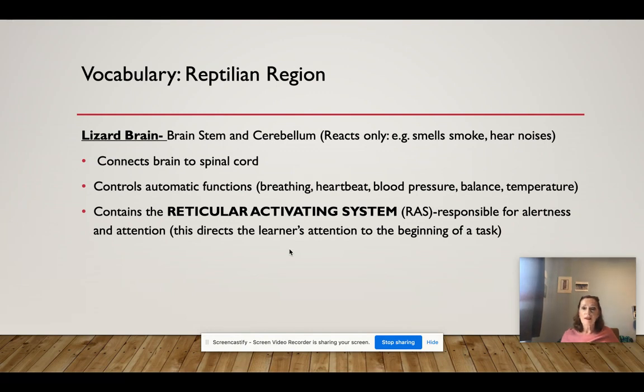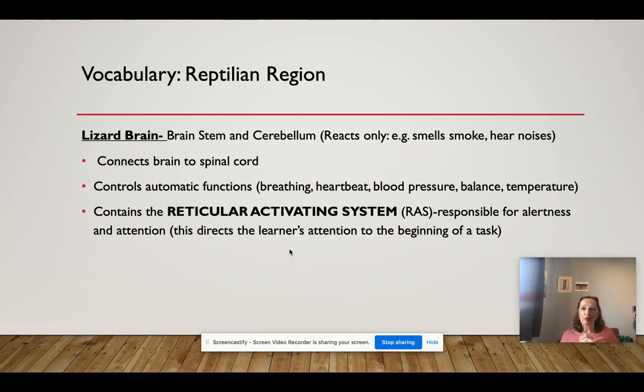It's our breathing, the heartbeat, pumping our blood to all parts of our body, the blood pressure, the cerebellum, the balance, and our body temperature. This reptilian region also contains the reticular activating system, also known as the RAS, and that's responsible for alertness and attention.